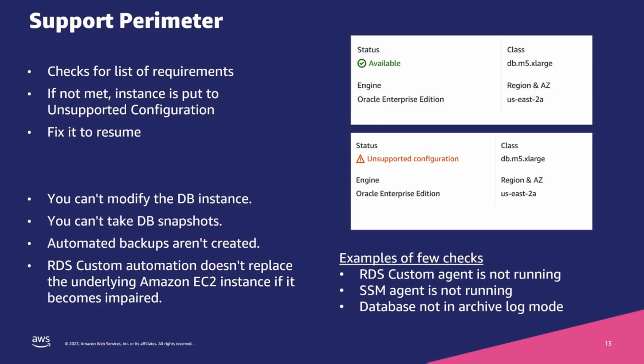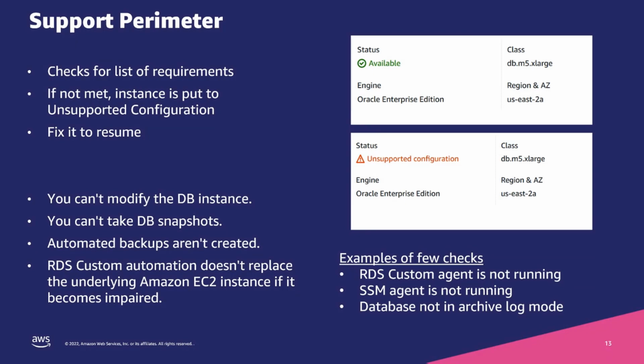The support perimeter basically checks for a list of requirements, and if any of these requirements are not met, then RDS Custom considers the DB instance to be outside of the support perimeter, and it will change the DB instance status to unsupported configuration. So you see here how the status in the second screenshot shows as unsupported configuration.